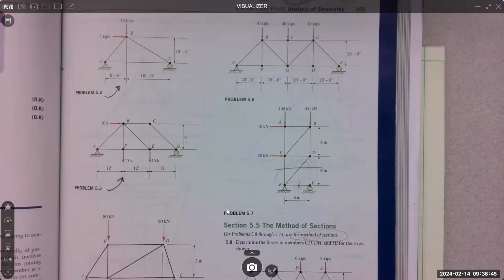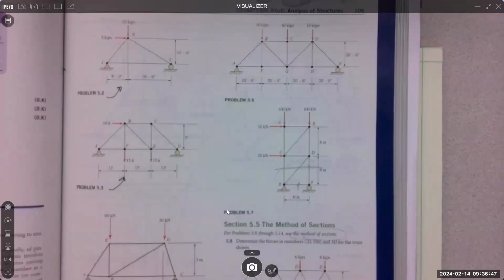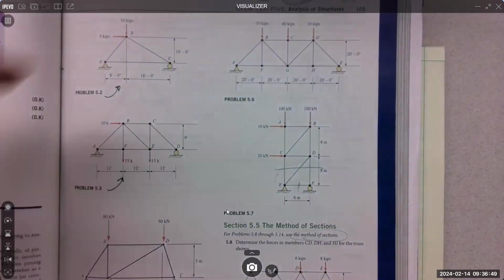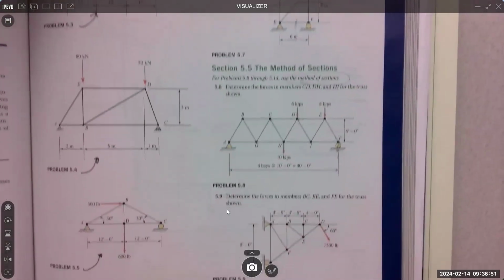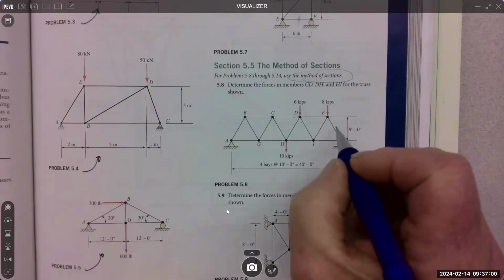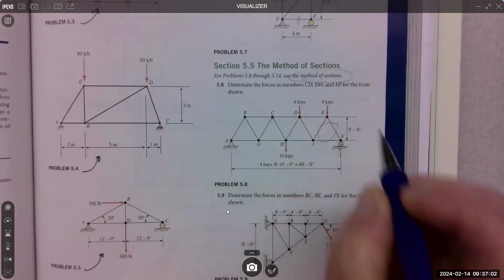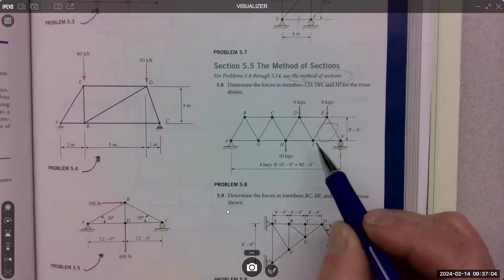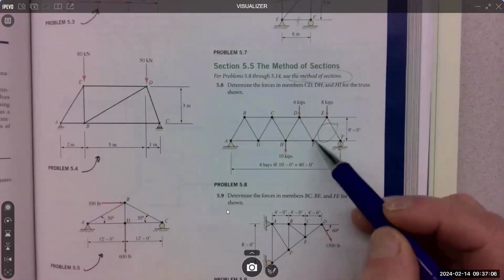Just shorten it up a little bit. Sound good? All right, now let's look at this one. And by method of joints, I'll have you do these 3. EF, IF, and EI.